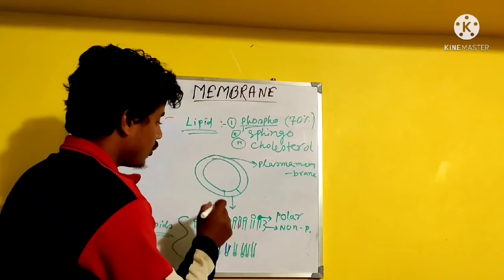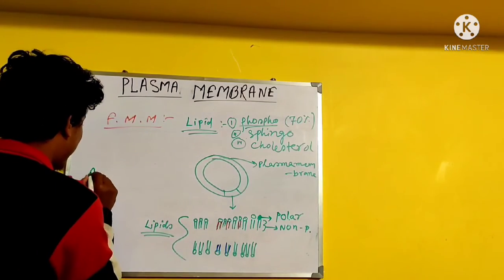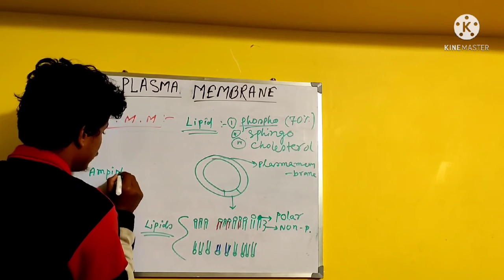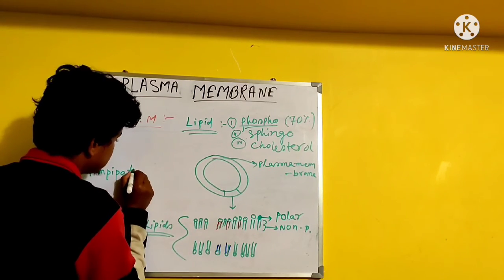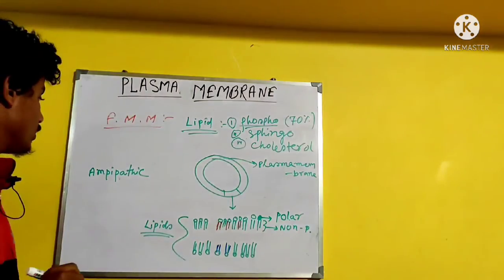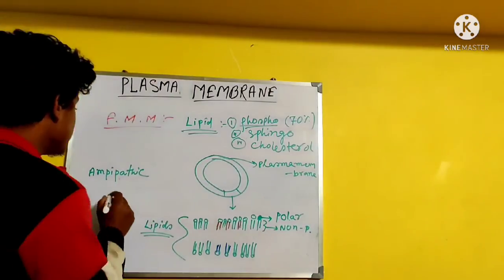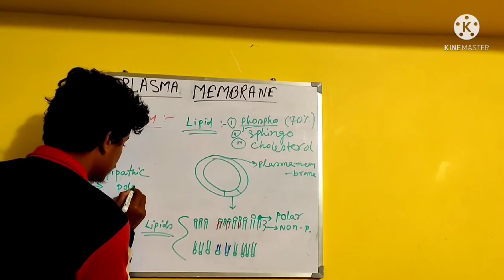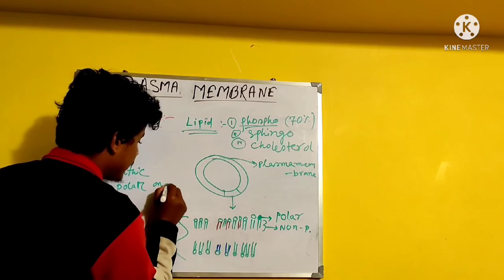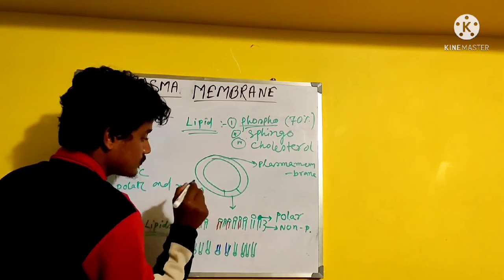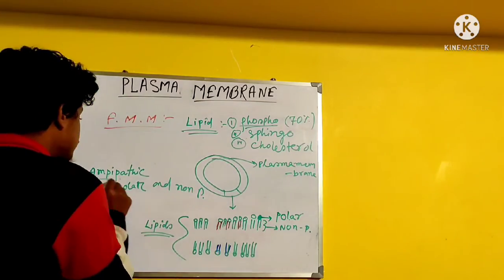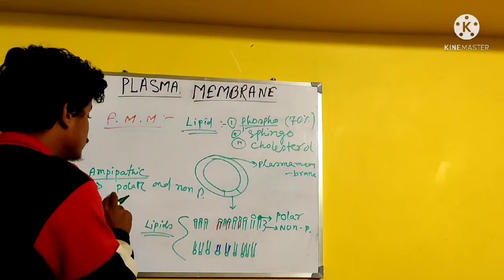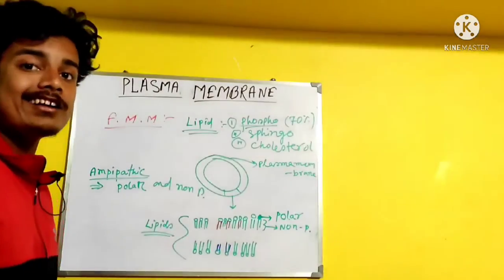These lipids are called amphipathic molecules, because the lipid has two regions: one polar and another non-polar.